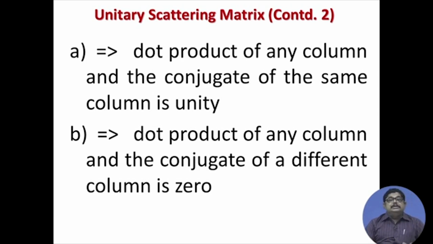Suppose we have a resistive network, obviously you know resistance creates dissipation of power. So, that matrix cannot be lossless. So, if you have resistance used in the network, you can see that its S matrix cannot be lossless.